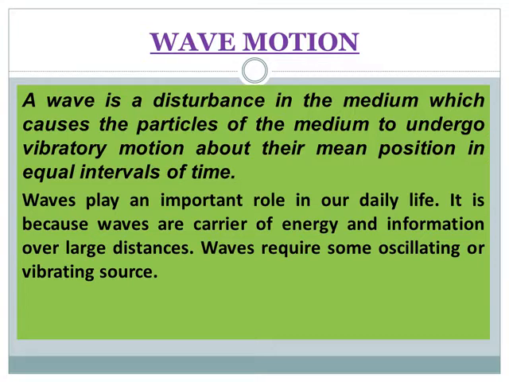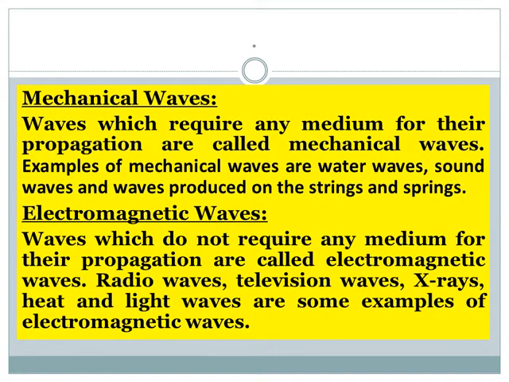We can't imagine a wave without vibration. There are different types of waves which are going to be explained in the next slides. Basically, there are two types of waves: mechanical waves and the electromagnetic waves.